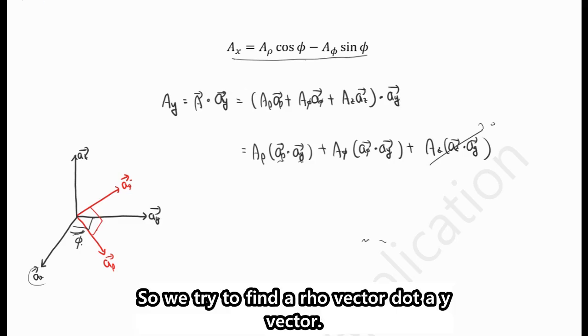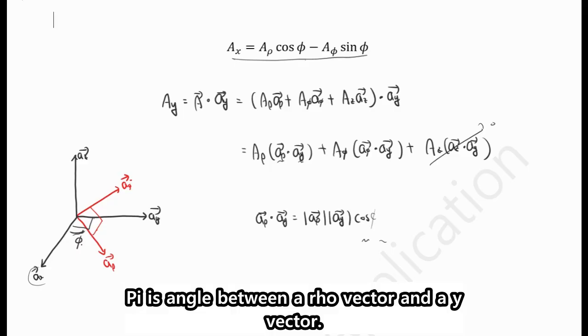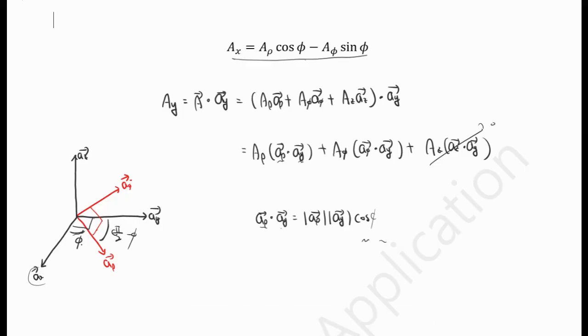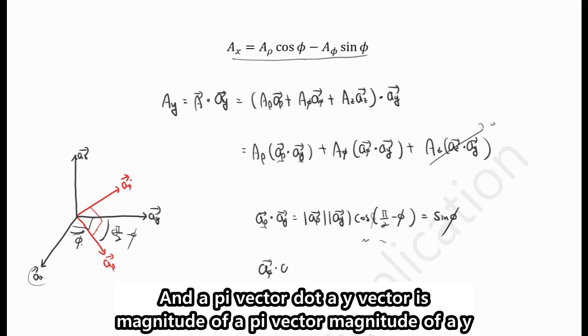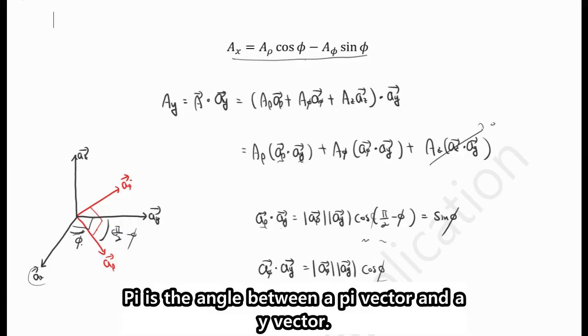So we try to find aρ vector dot ay vector. It's the magnitude of aρ vector multiply the magnitude of ay vector cosine of the angle between aρ vector and ay vector. This angle is pi over 2 minus φ. So cosine of pi over 2 minus φ is sine φ. And aφ vector dot ay vector is the magnitude of aφ vector, magnitude of ay vector, cosine of the angle between aφ vector and ay vector.